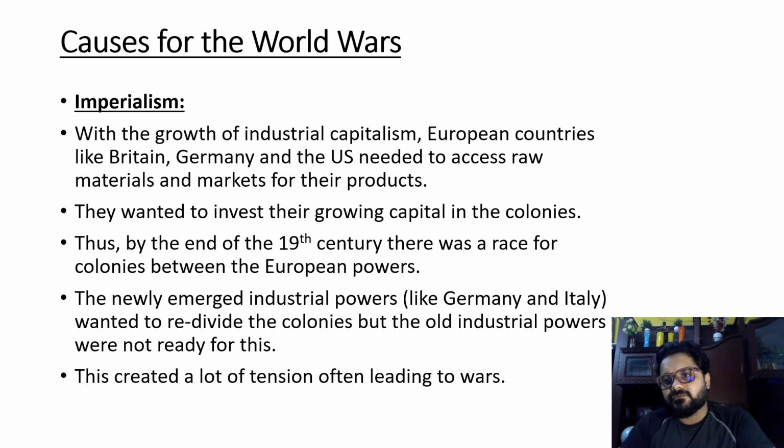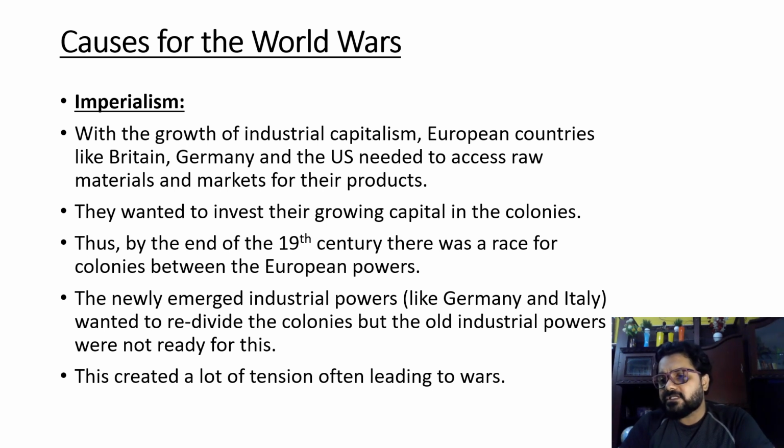And India was one of the colonies of the Imperial British. After the Industrial Revolution in the Western nations, there was a huge demand for raw materials, and also there was a need for markets where they can sell their products.